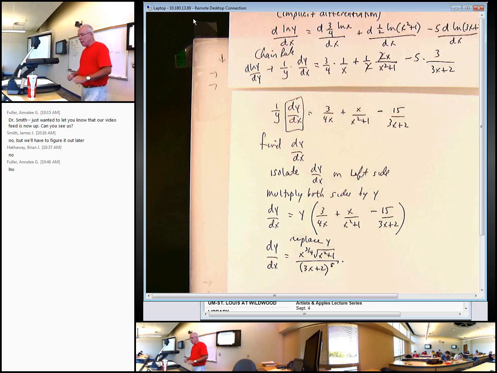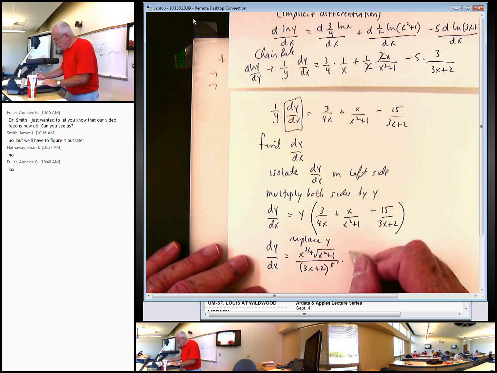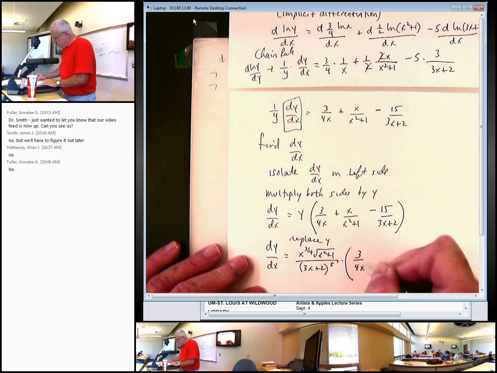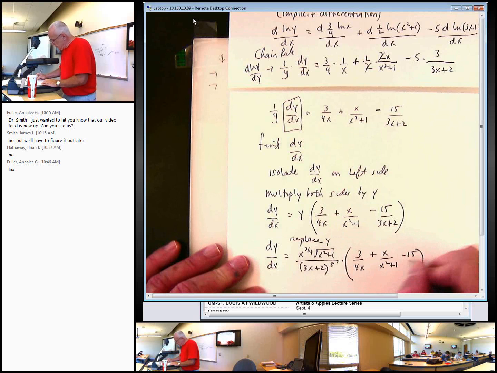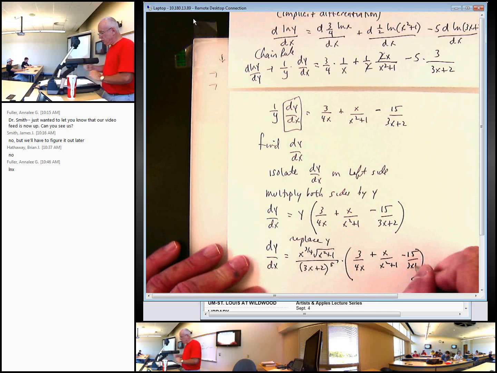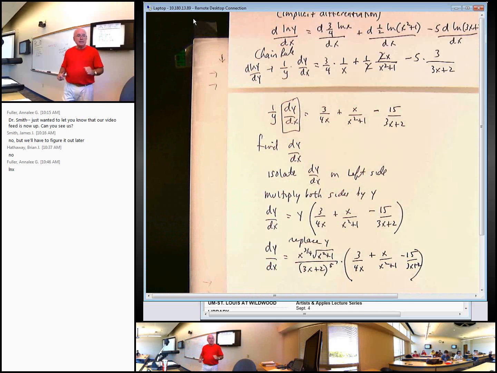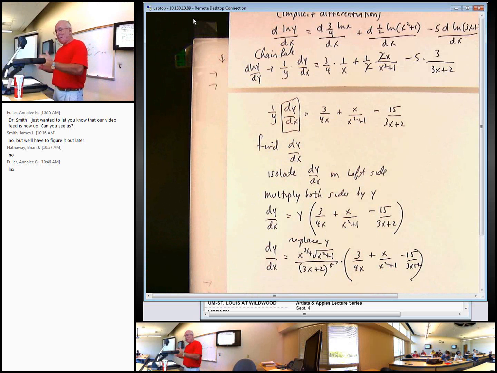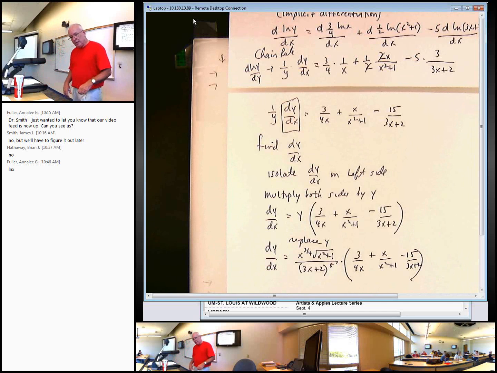That whole thing times, big parentheses, 3 over 4x plus x over x squared plus 1 minus 15 over 3x plus 2. So that's our answer, that's our derivative using this technique. And of course, that's a pretty horrible looking function right there, but we don't have to simplify it any further, just keep it right there as it is. Okay, we're not worried about going any further with this.